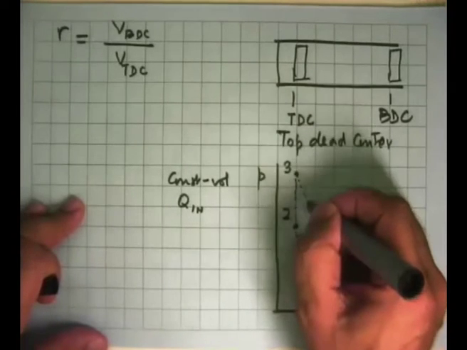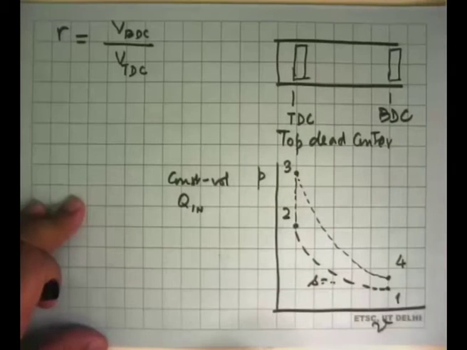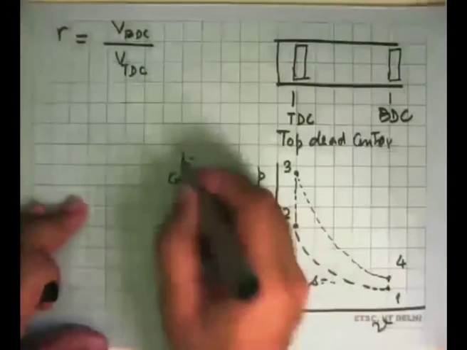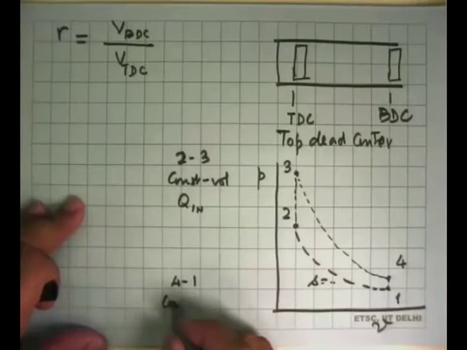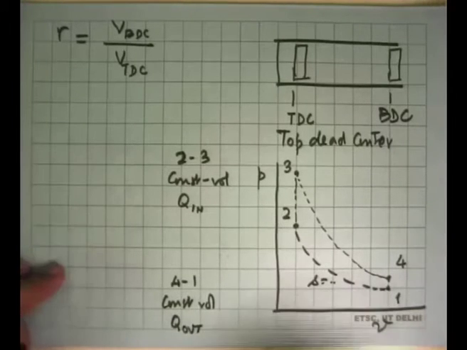And after that, the piston has to come back to its original position, so it expands from here and comes back to this state, which is 4. This was 1 to 2, then 2 to 3, and 4 to 1 is again a constant volume cooling process, Q out.